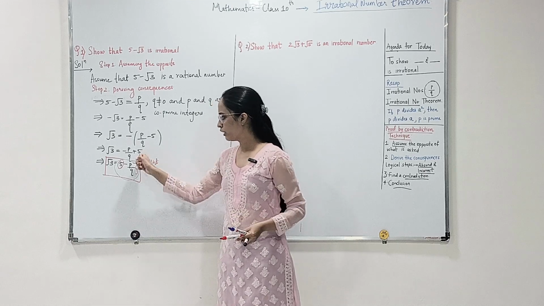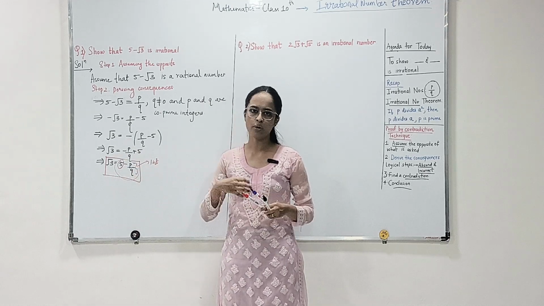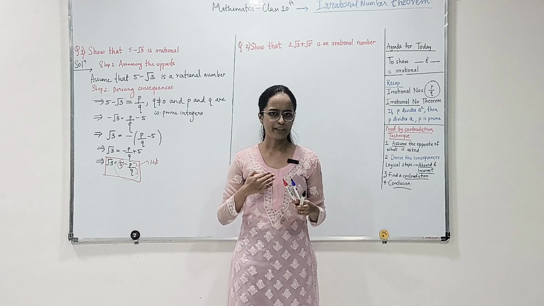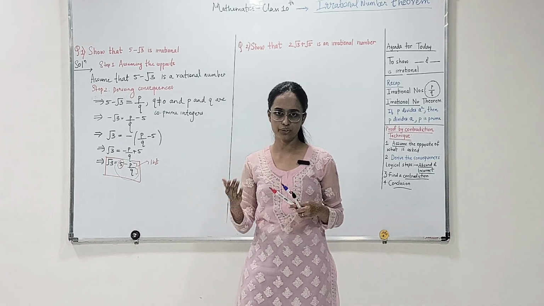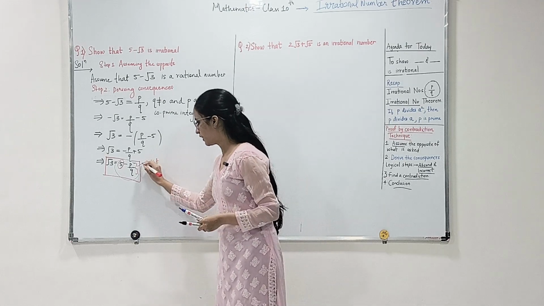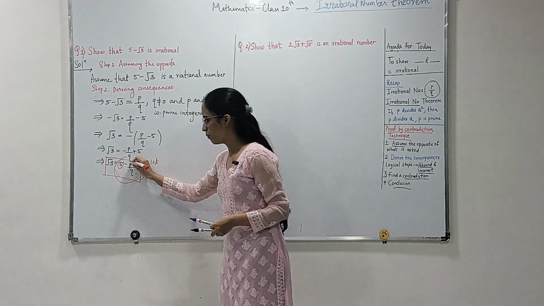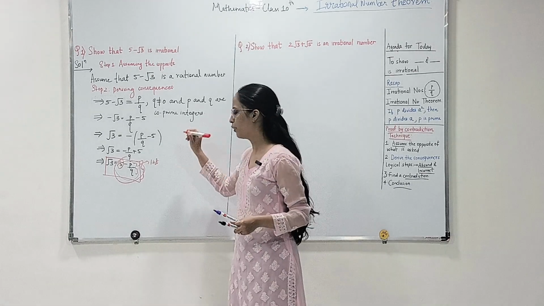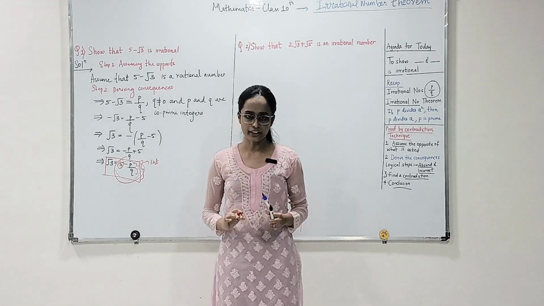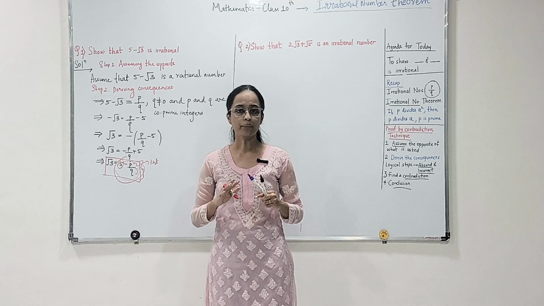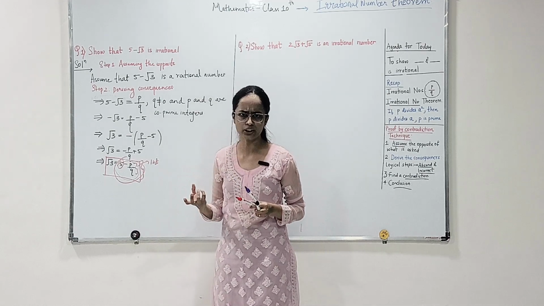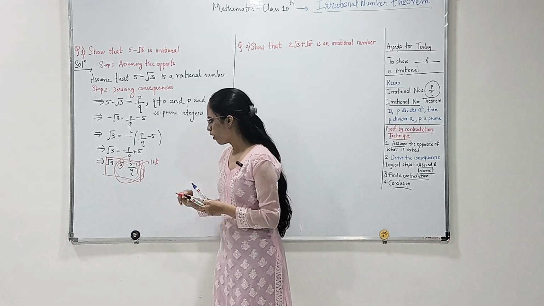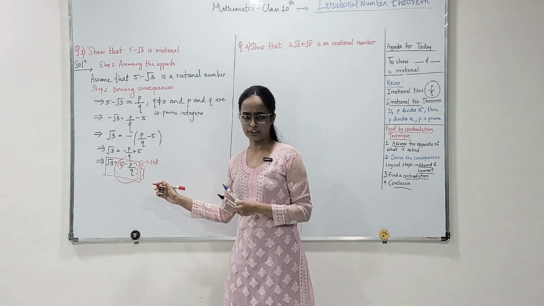So here on the right hand side, whatever be the value of P and Q, considering that they are integers, the resultant of this term would always be a rational number, right? So now on the right hand side, we are getting a rational number.